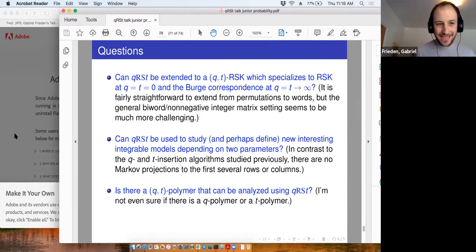I suspect that the QT hook walk, if you take the Jack limit and apply it to the identity permutation, you probably get some sort of Jack Plancherel. Although, yeah, I haven't really thought about that.